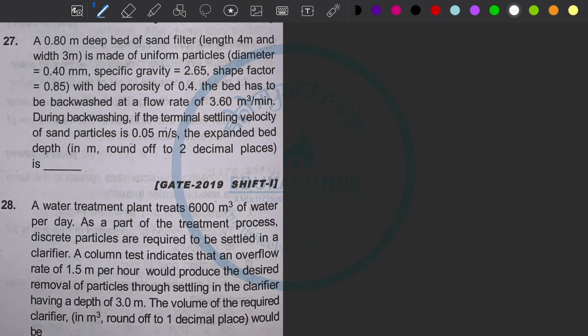For this, we should know some formulas. If we are doing filtration and there is something called backwashing, then what do we know?